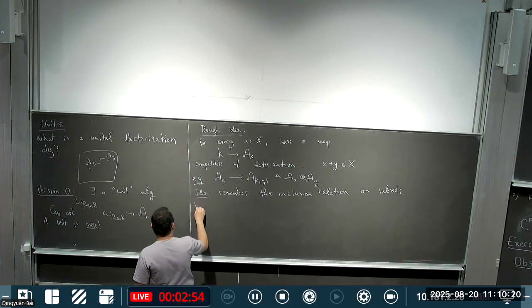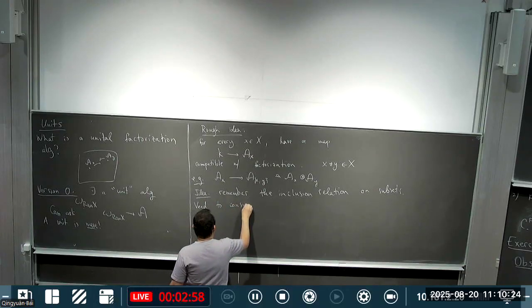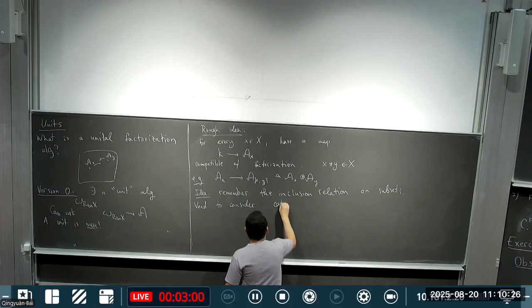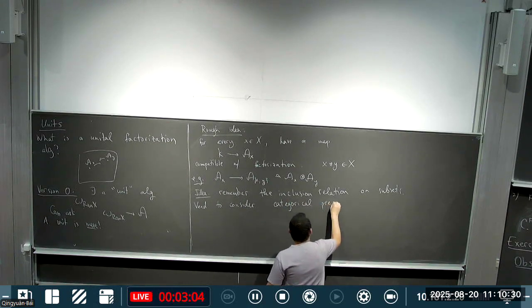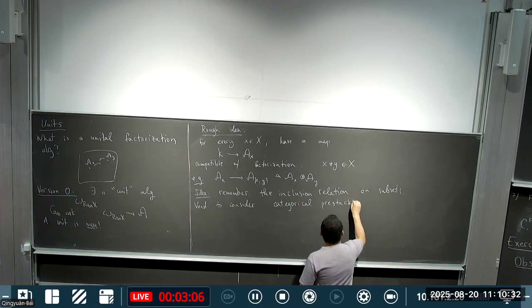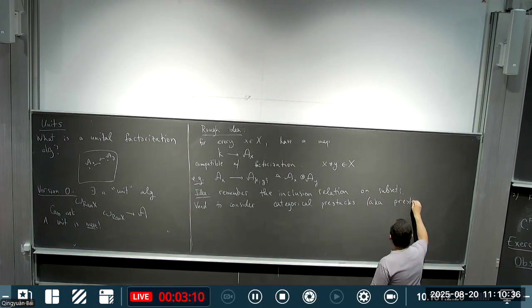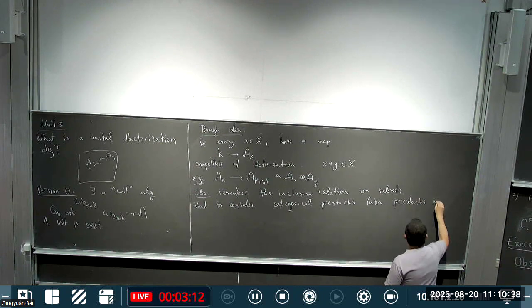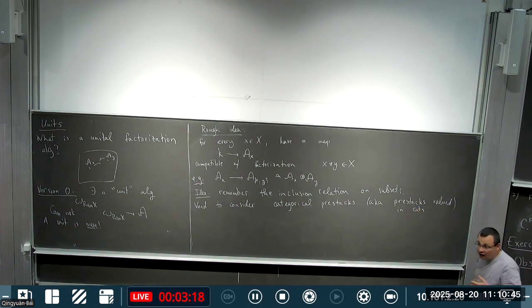We need to consider categorical pre-stacks, also known as pre-stacks valued in categories. Before, all our pre-stacks were valued in groupoids.